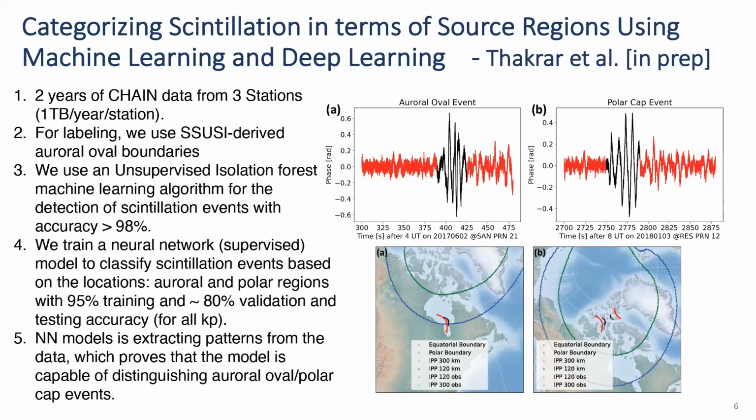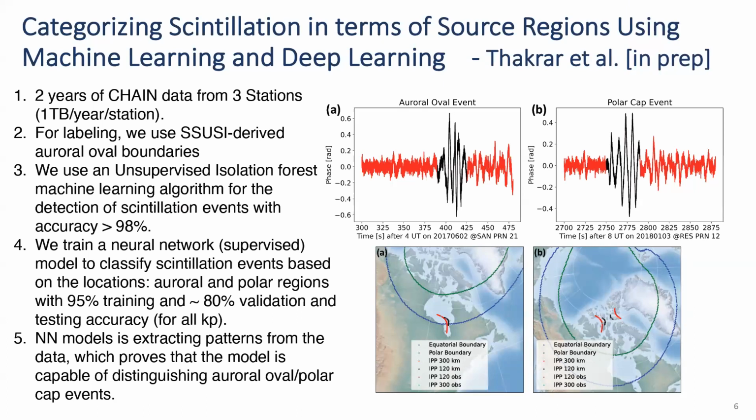For labeling, we use SUSY-derived auroral oval boundaries. We used an unsupervised algorithm called isolation forest. I'm not going to get into the detail in the interest of time, but just to give you an idea, the top 2 figures are an example of how it is able to detect scintillations, which are the fluctuations in the background noise. So that's the isolation forest we are using.